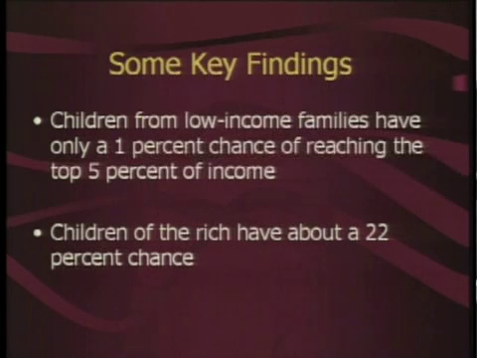Children of the rich, on the other hand, have about a 22% chance. And folks, it's not only that way this year, or last year, or the year before, but it's been that way all along. Essentially, the wealthy control the majority of the goods, of the money, of the power, and everything else, but especially when it comes to money.